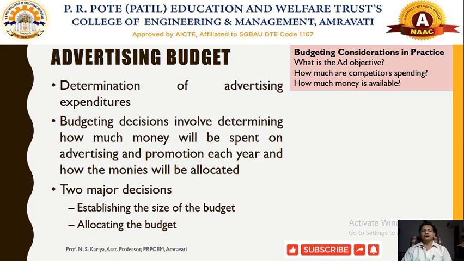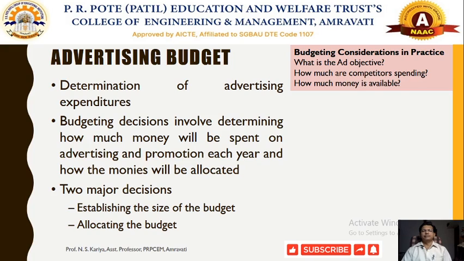So while we are preparing the document for formulating the advertising budget, we should take it into account: what will be the amount of advertising expenditure we are going to incur as overall advertising expenses? That document is called the advertising budget.